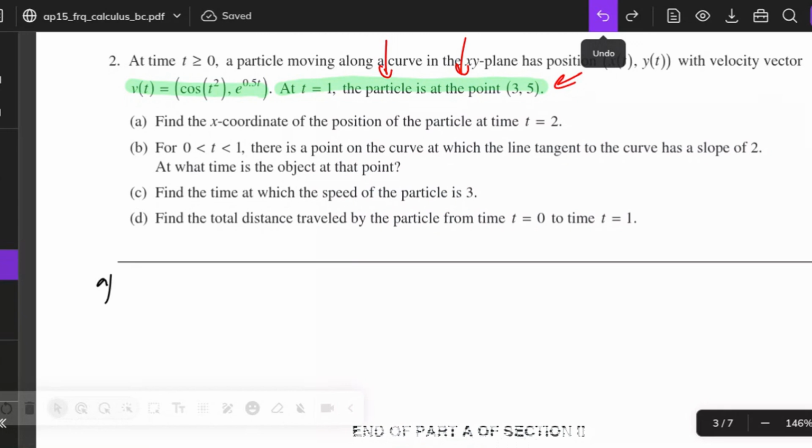But let's stop for a moment. Let's not get too hasty, right? We're trying to find x(2). We have an initial condition, and we know that at t equals 1, the particle is at the point (3, 5).